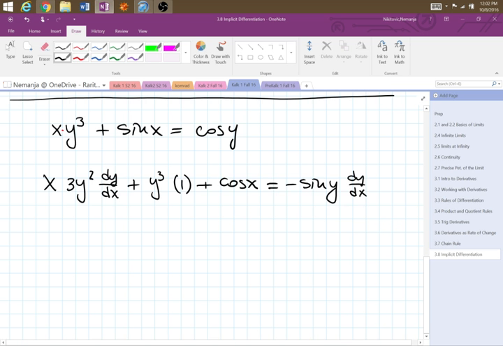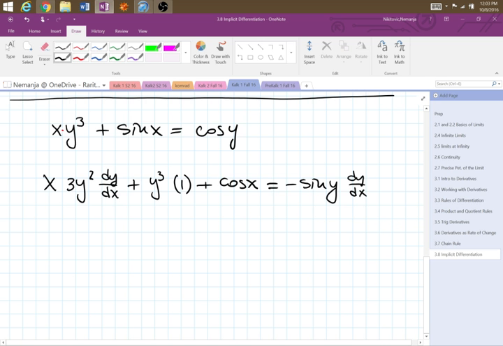Now, we are supposed to fish out dy dx and have dy dx equal everything else. Now, we have two terms with dy dx, which means the only chance of doing this is to put those two terms on the same side, factor it out, and then divide by the extra.